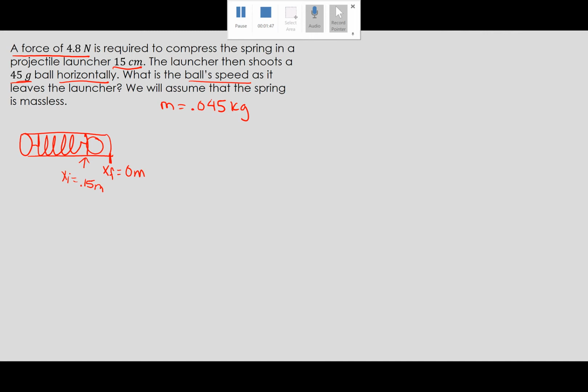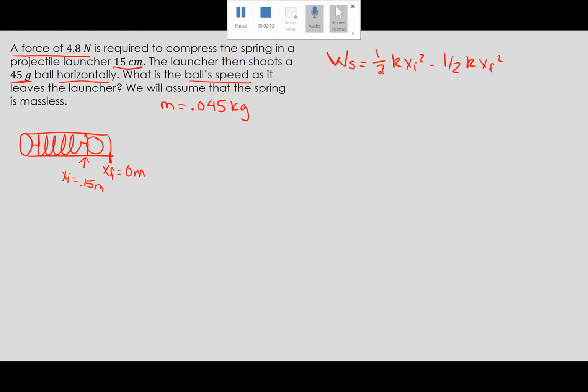So just getting this question, you might be a little confused. You might not know what to do next. Well, we just learned just before we got to this particular problem that the work done by a spring is equal to 1/2 k x_i squared minus 1/2 k x_f squared, right?